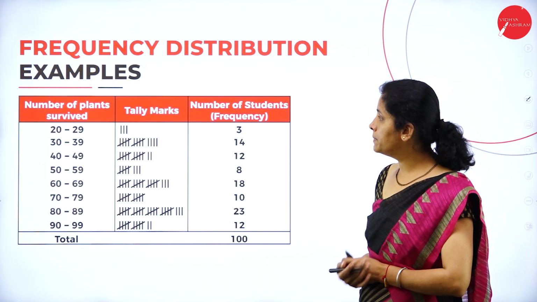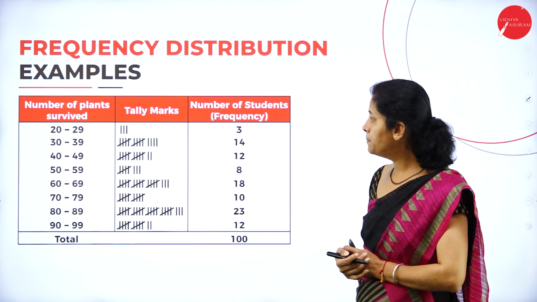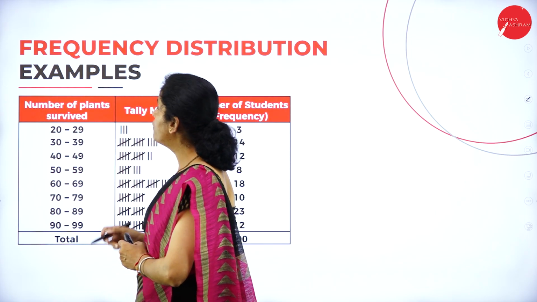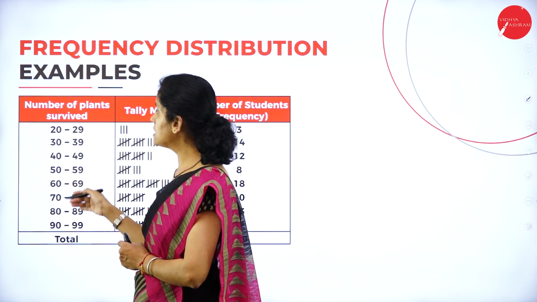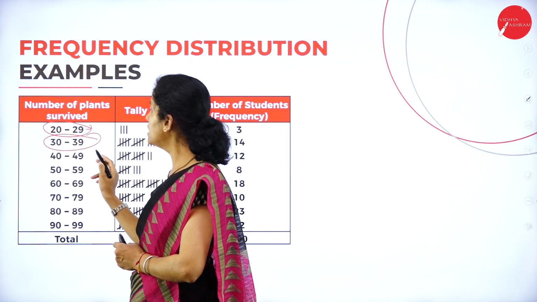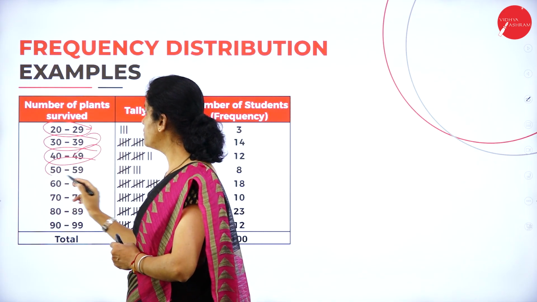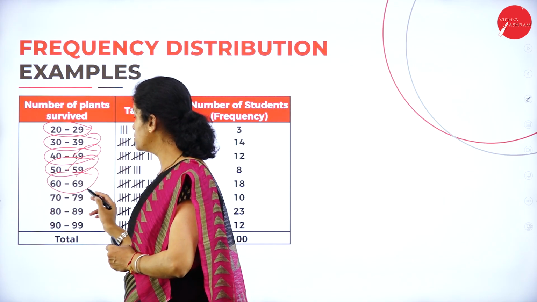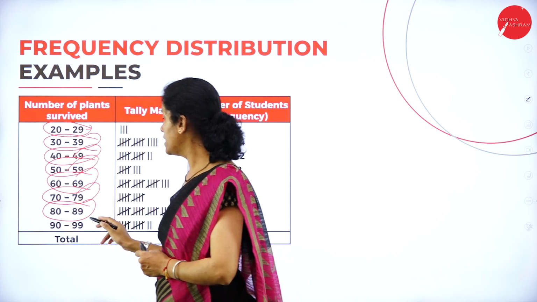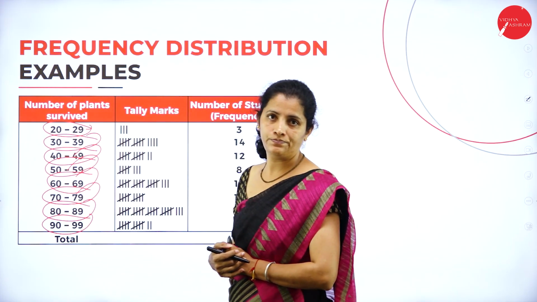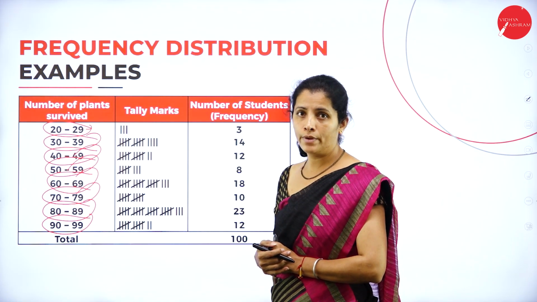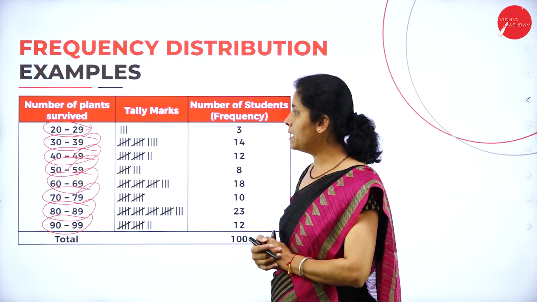Now let me construct the table here. If I consider the number of plants, the class intervals are 20 to 29, 30 to 39, 40 to 49, 50 to 59, 60 to 69, 70 to 79, 80 to 89 and 90 to 99. Dear student, the frequency is nothing but the tally marks.